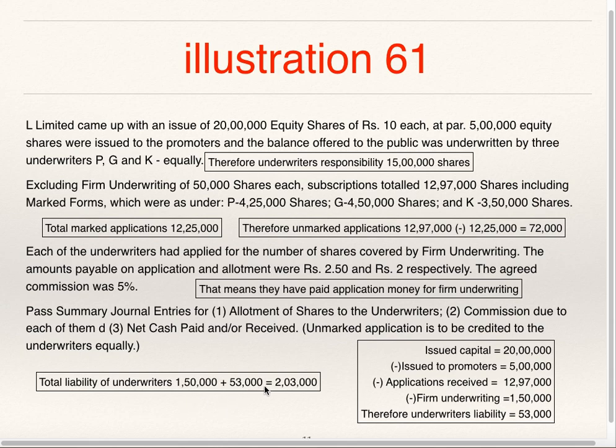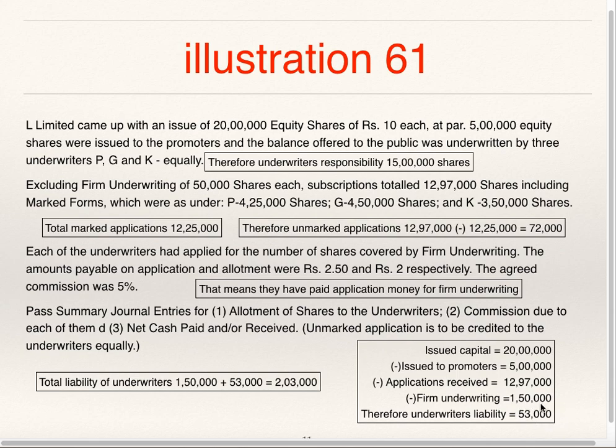Total liability of underwriters. We'll see how it is to be calculated. Issued capital is 20 lakhs minus issued to promoters 5 lakhs. Therefore, underwriters' responsibility is 15 lakhs. Applications received are 12 lakhs 97,000 minus firm underwriting 1 lakh 50,000.